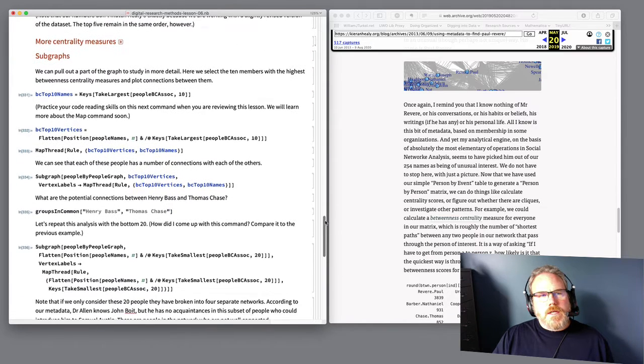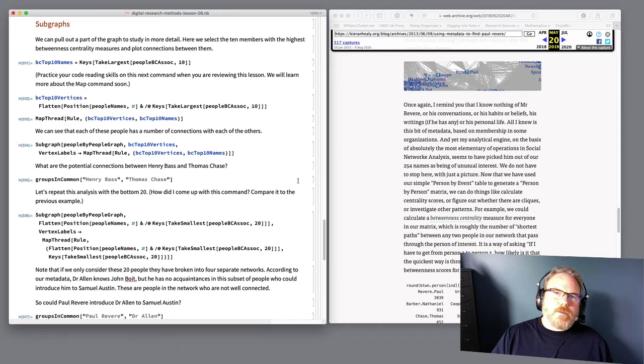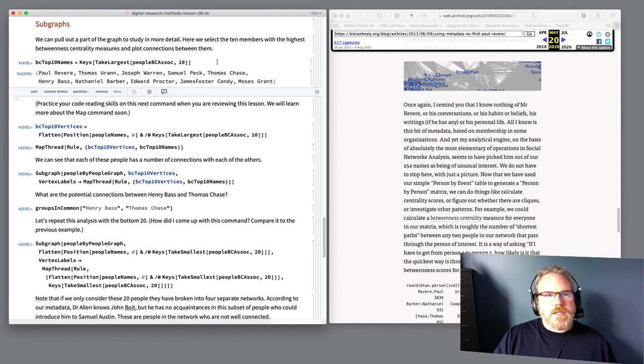Now, one of the things we can do with graphs, especially when they become big messy hairballs, is pull out a subgraph to study in detail. So for example, I'm going to pull out the top 10 names, or the people with the 10 largest betweenness centrality measures. Here they are in descending order: Paul Revere, Thomas Around, and so on.